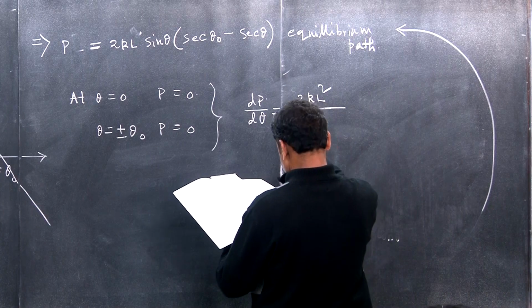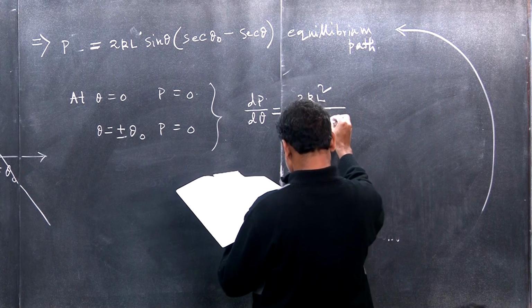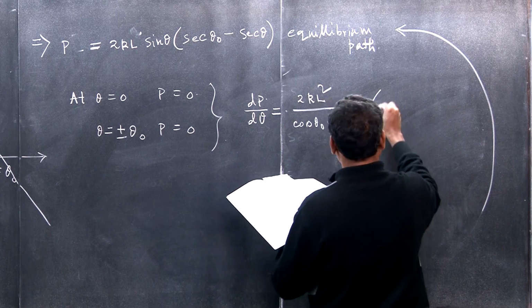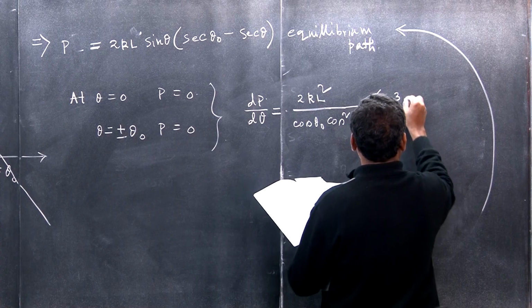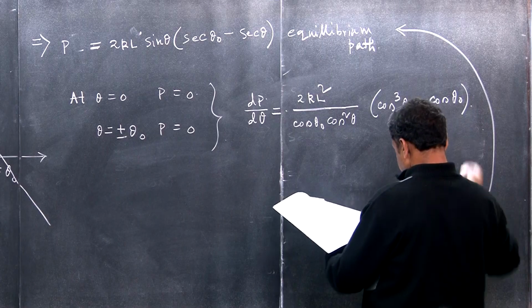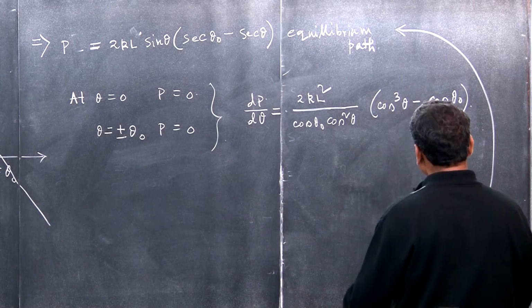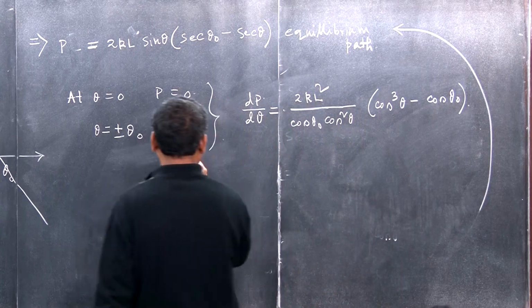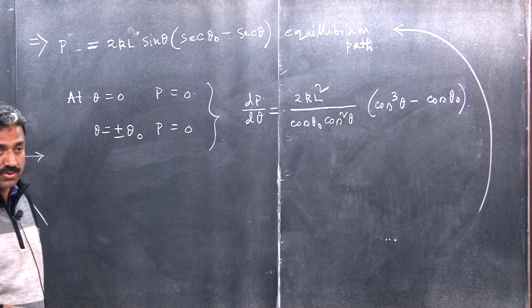Please note that cosine of theta minus into cos square of theta, and then you will get cosine cube theta minus cos theta 0. This is the expression you will get. So dp, this will be the final expression.